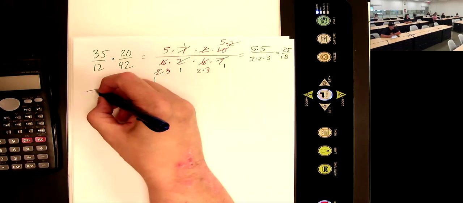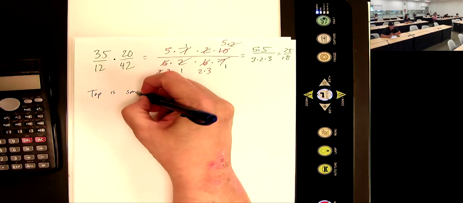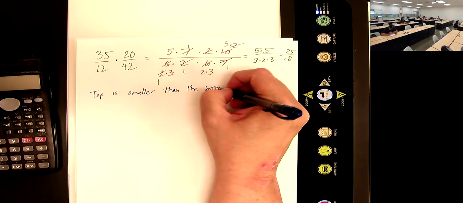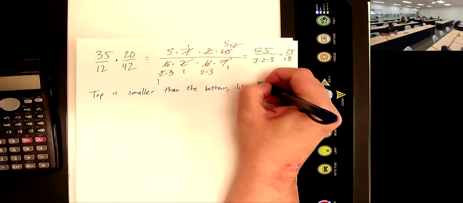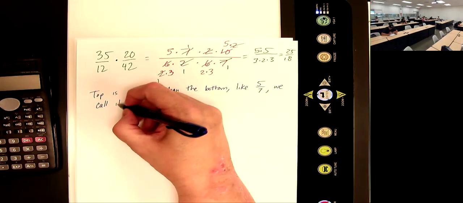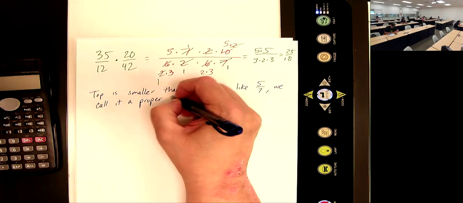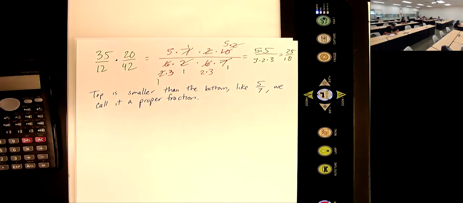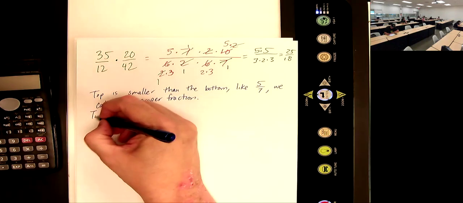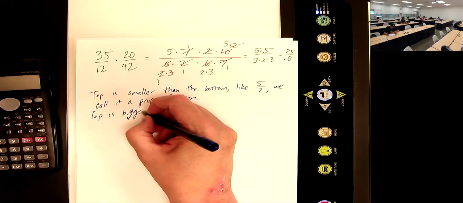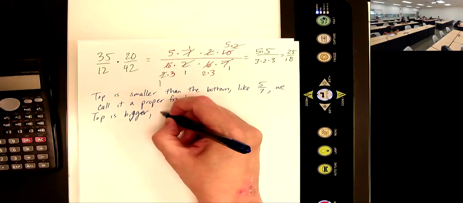When the top is smaller than the bottom, we call it a proper fraction. If the top is bigger, it's an improper fraction.